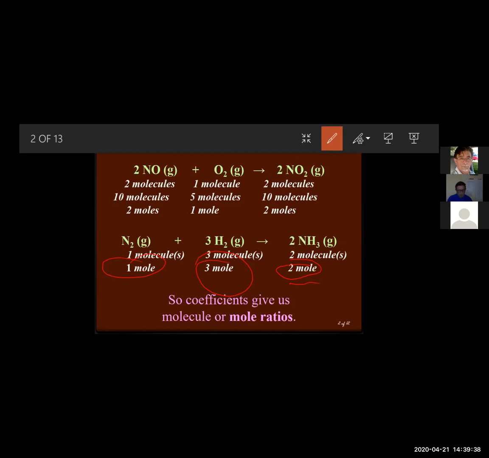We have a ratio of 1-to-2 for nitrogen and ammonia, and 1-to-3 for nitrogen and hydrogen. Remember, even though there's not a number in front of nitrogen, it's understood to be a 1, okay? 1-to-3. So we can write it with nitrogen in the numerator and hydrogen in the denominator, 1-to-3. Or invert it. We could write it with 3 hydrogens in the numerator and 1 nitrogen in the denominator, okay?